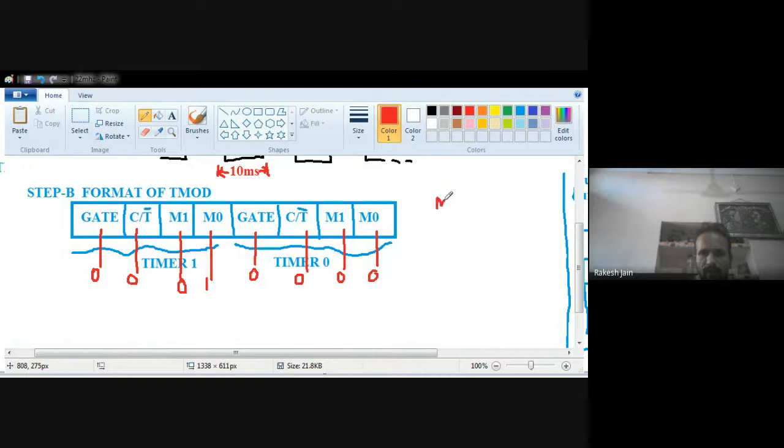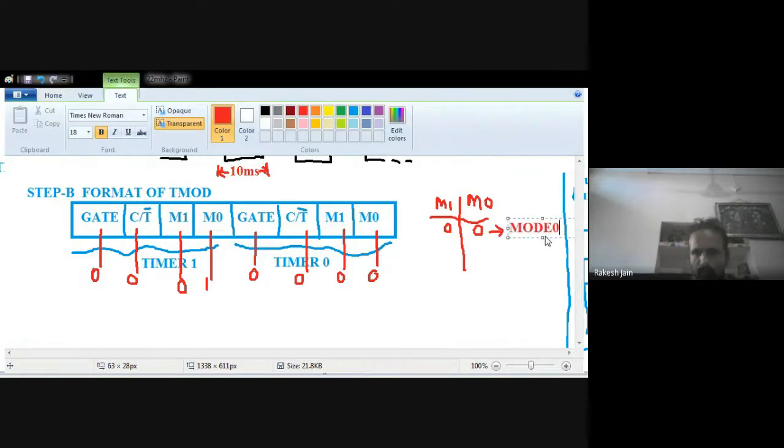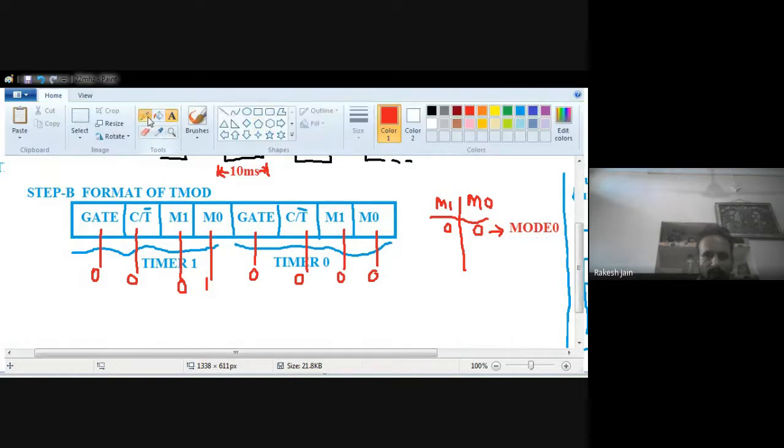So I just repeat this thing here. On the basis of the bits of M1 and M0, we select the mode. If M1 and M0 are both 0, 0, then it means mode 0. If M1 is 0 and M0 is 1, like this one, that is mode 1, in which the maximum count is 65536.